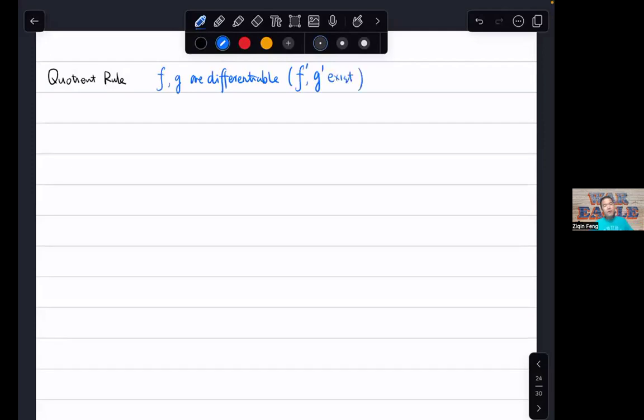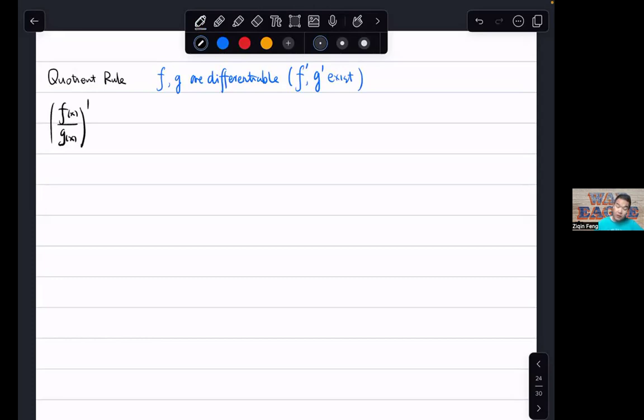We want to differentiate the new function f of x over g of x, and clearly we need to assume that g of x is not zero.